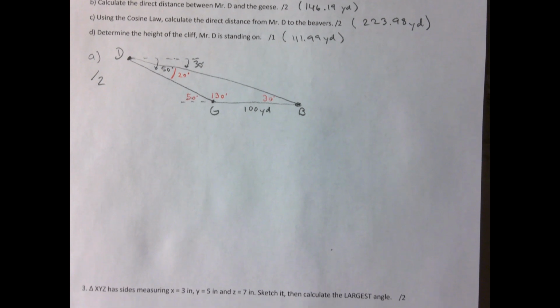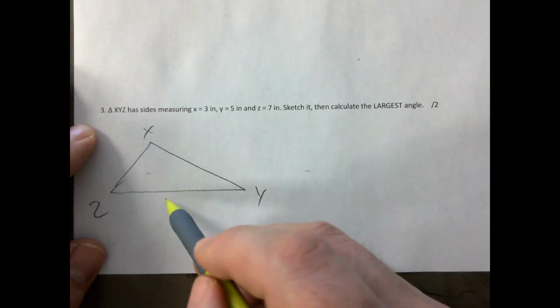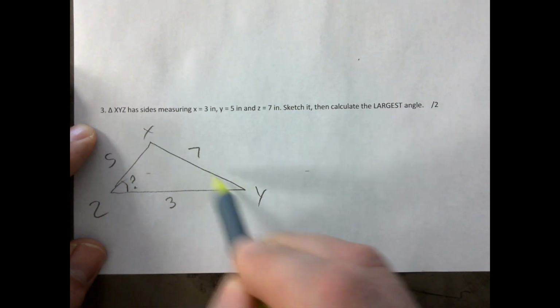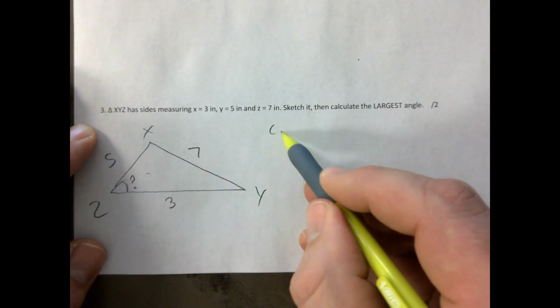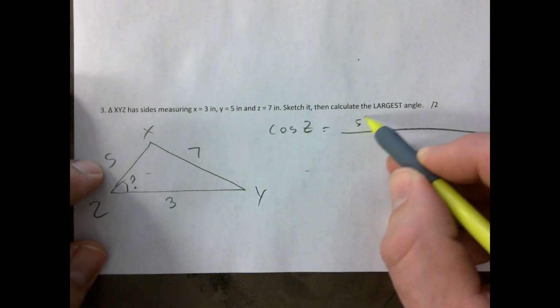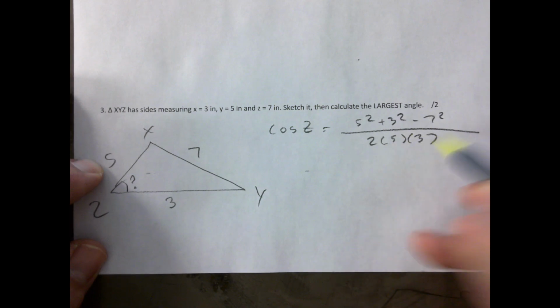Okay. Next, let's go down to this part right here, largest angle. So you see that this is an SSS scenario, X, Y, Z. This is 3, this is 5, this is 7, and this is the largest angle because it's across the longest side. So cosine of Z would be 5 squared plus 3 squared minus 7 squared over 2 times 5 times 3.